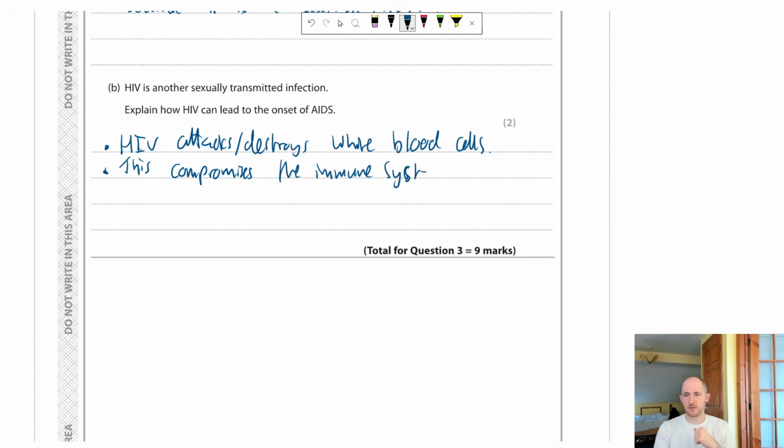And if you want to be a bit more specific, you can say it's more susceptible to other kinds of diseases, but this is basically all you need to know for that. So again, HIV is the actual communicable disease, so to speak, and AIDS is actually a symptom of that.